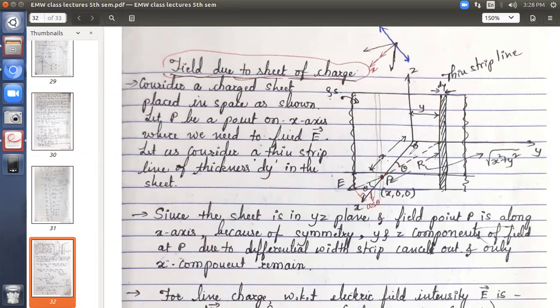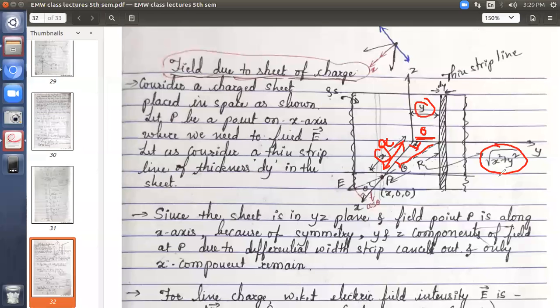This is your theta, and this is 90 degrees. This is the adjacent and this is the opposite. The hypotenuse squared is adjacent squared plus opposite squared. So R squared is equal to x squared plus y squared, and R is equal to the square root of x squared plus y squared. The adjacent is x and the opposite is y.